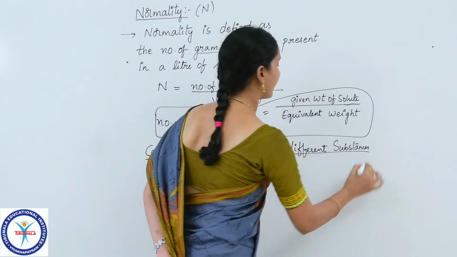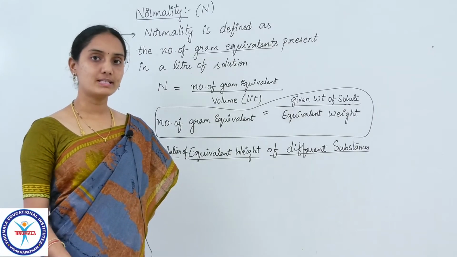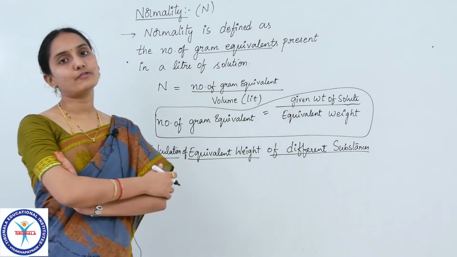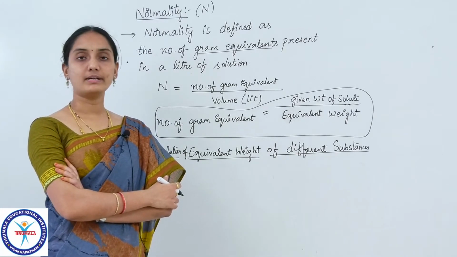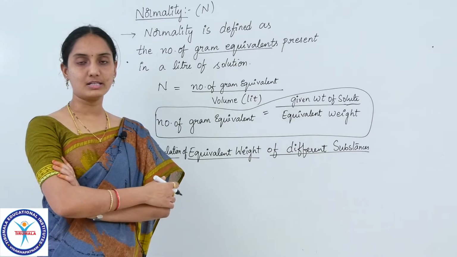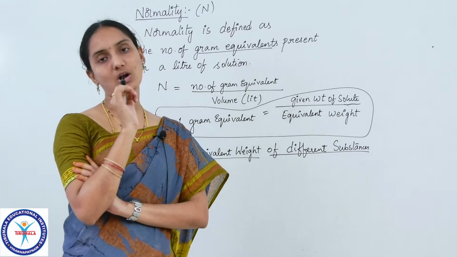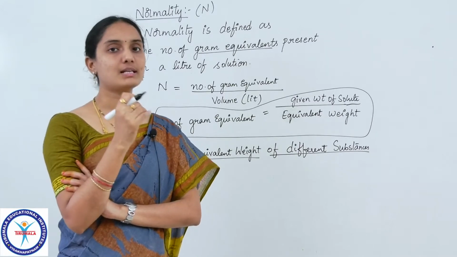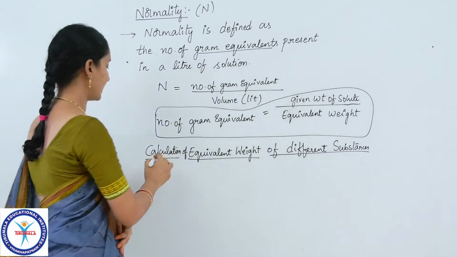This equivalent weight is calculated according to the nature of the solute, children, the substance that is being dissolved in the solution. We have many types of solutes: they may be ionic solutes, salts, an acid, or a base, or sometimes a simple atom is dissolved in the solution. Basing upon the nature of the substance, we calculate the equivalent weight. For different substances we have different methods of calculation. So let us see what those are.